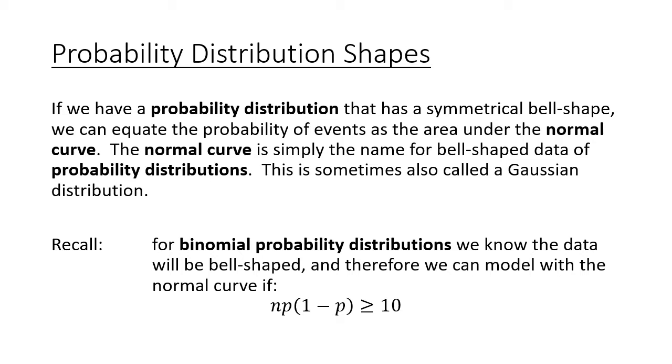One of the last things we looked at in chapter 6 was binomial probability distributions: if the sample size n times the probability of success times the probability of failure is bigger than or equal to 10, my data is going to end up bell-shaped, which means I can apply my normal curve information to that distribution. It might sound a little confusing at first, but when we get to some examples in a minute or two, hopefully it'll become easier.